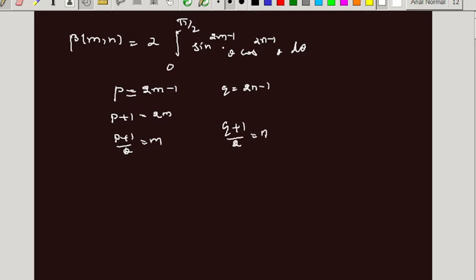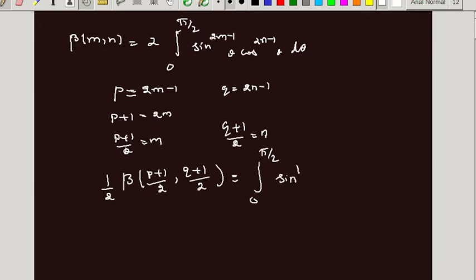So here if we replace this, m is p plus 1 by 2 and n is q plus 1 by 2, beta of p plus 1 by 2, q plus 1 by 2, and this 2 we bring to the left hand side, we write it as 1 by 2 beta equal to integration 0 to pi by 2 sine power p theta into cos power q theta into d theta.